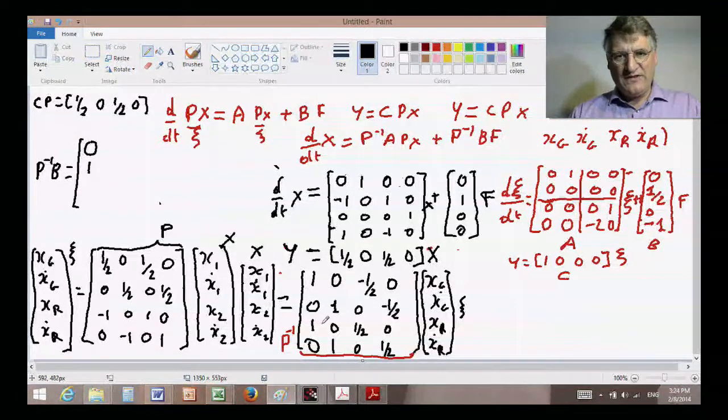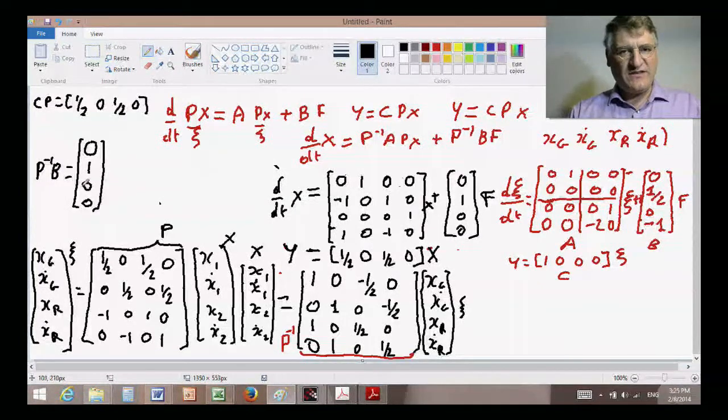The third row is this times that, and we obtain 0. And the last entry will be this times that. So this row times that column. And when you compute the product of this row and that column, you get 0.